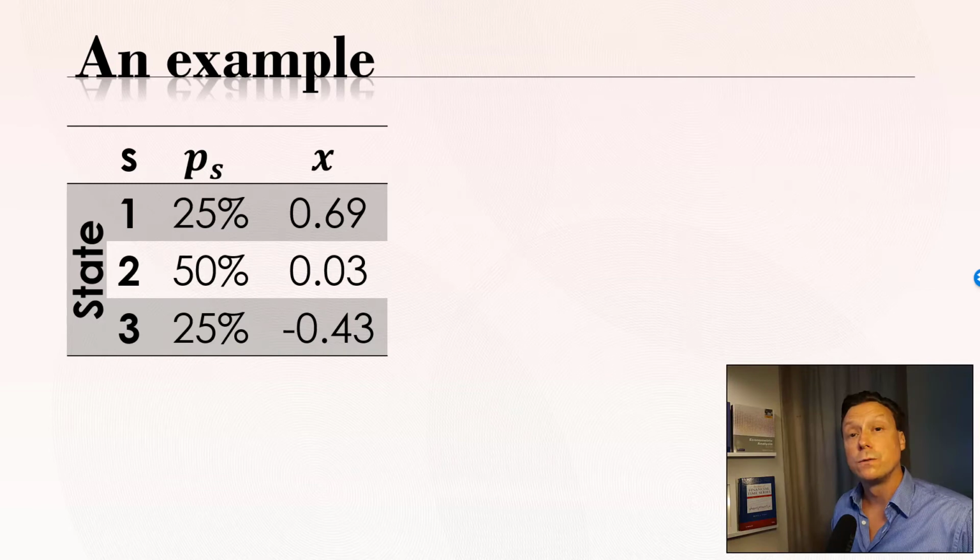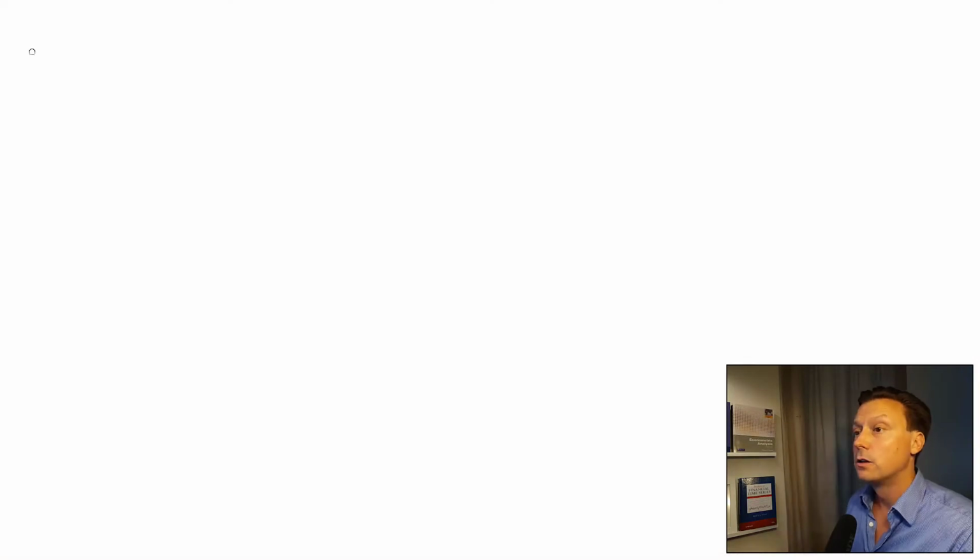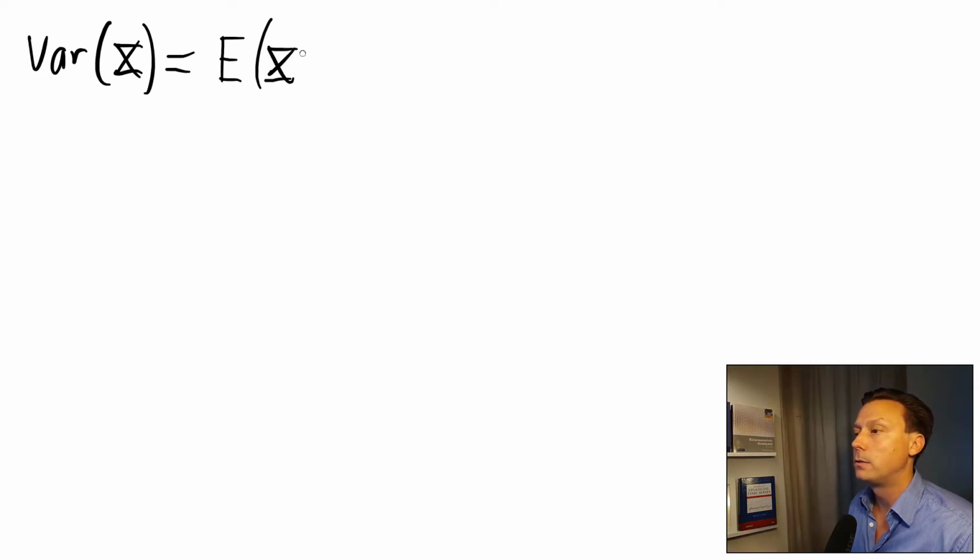So now we of course want to know the variance of this x variable, of the portfolio returns. We want to find the variance of the portfolio returns, which we denote with the random variable x. We're going to use the simplified calculation form, so we want to find the expected value of x to the power of 2 minus the expected value of x.